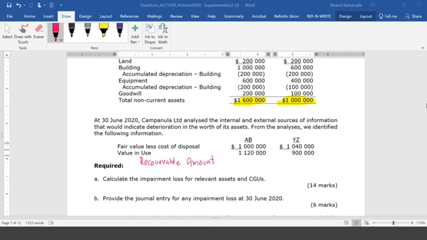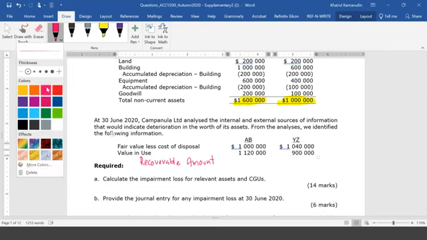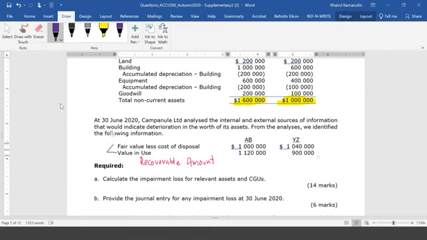So the first step is you are going to determine the recoverable amount. The formula is between the fair value less cost of disposal and value in use. You choose the higher value. So between these two, the higher value will be 1,120,000. So this is for AB.